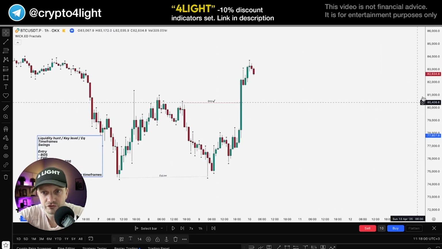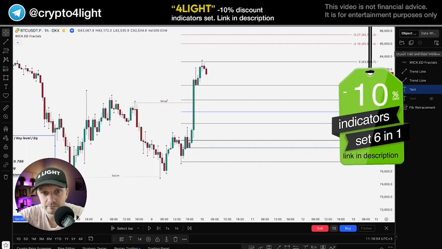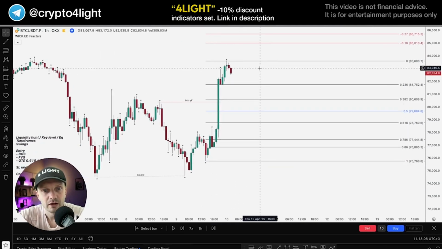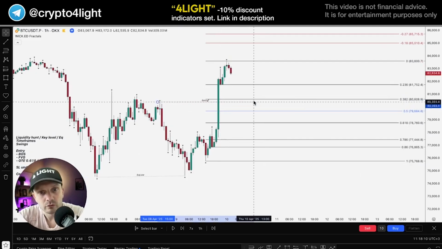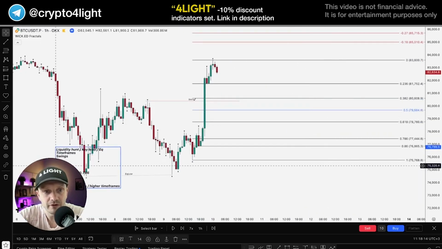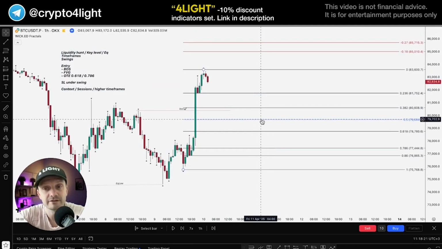So we break the structure and we use another fib, this one. This is another impulse top. What are we waiting for? We are waiting for a correction to the 0.5 level by fib. It can be a more risky entry, but it's okay. It's a normal, healthy entry at the 0.5 level by fib.